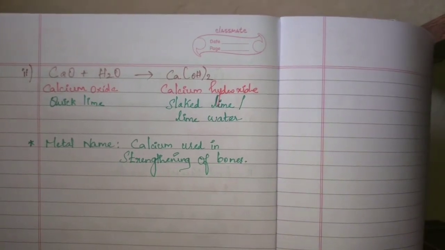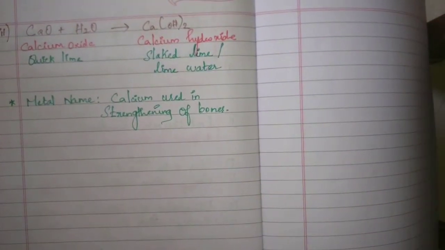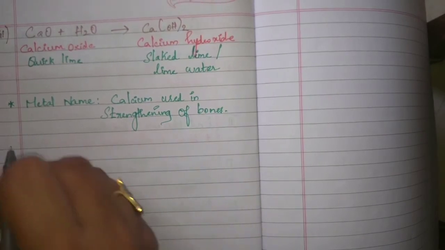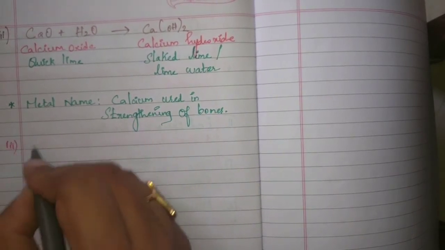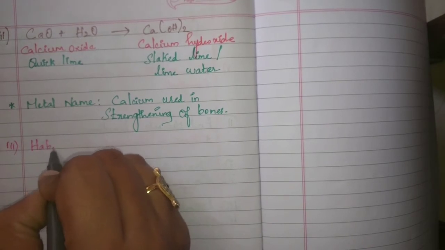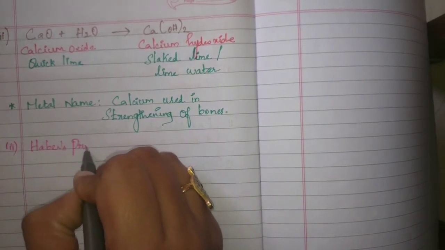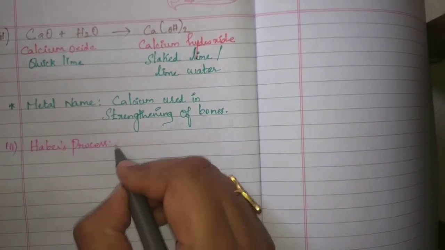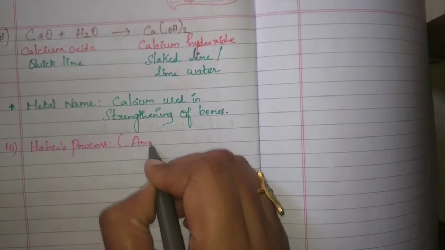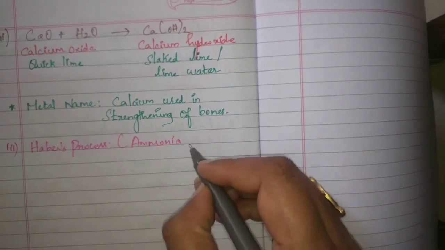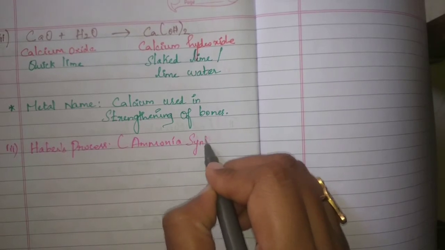So this is the clue for this reaction or this equation. So with calcium, you should know, it is used in strengthening of bones. Next equation, or next example, is the Haber process. The Haber process is nothing but production of ammonia, ammonia synthesis.